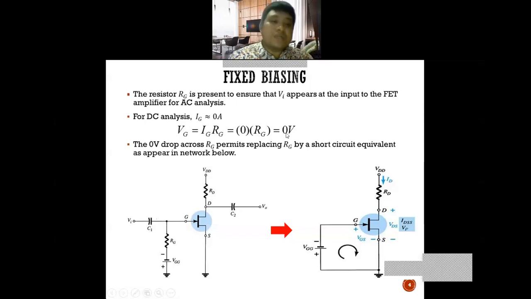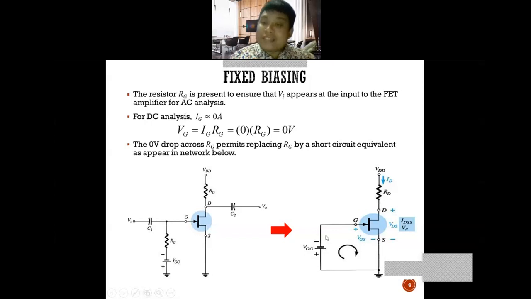What is Vg? Vg is the voltage at the gate. So the 0 volt drop across Rg permits replacing Rg by a short circuit equivalent, as appears in the network below. If Vg equals 0 volts, we can simplify the circuit like this.